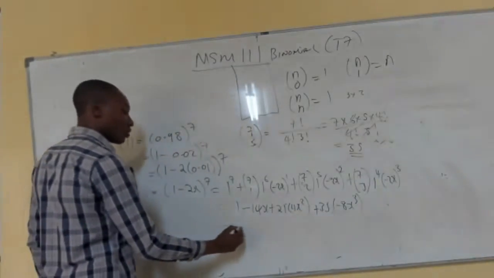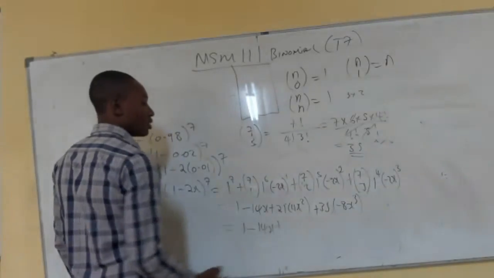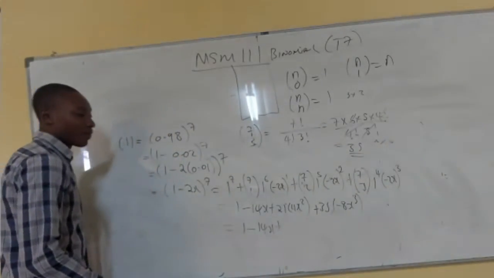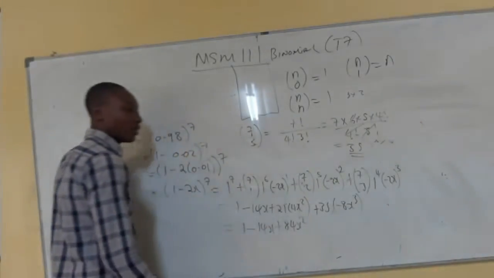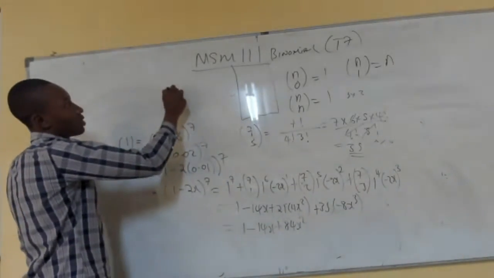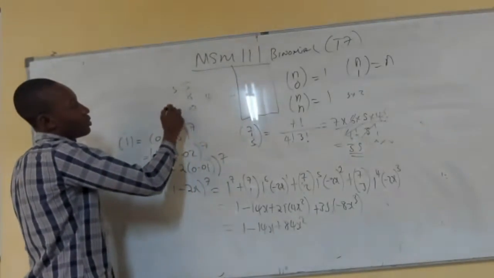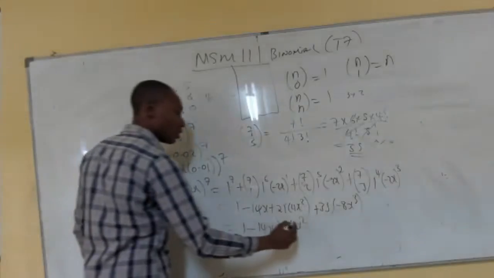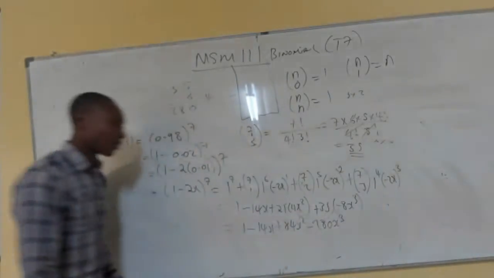Okay, so 1 minus 14x plus 21 times 4 is 84x squared, then 35 times 8 is 280, so minus 280x to the power 3.